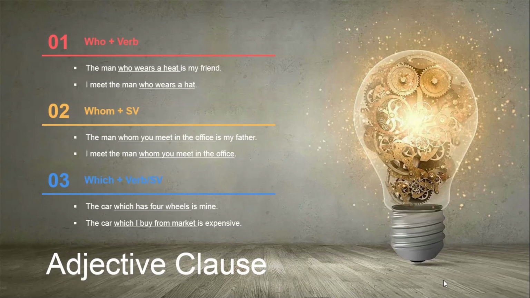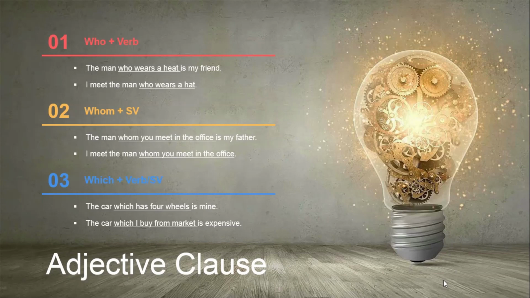Alright. The second one, using whom. If you use whom followed by a subject-verb combination, the main sentence is, for example, the man is my father. The subject is the man, and then the verb is "is", so the sentence is already complete.